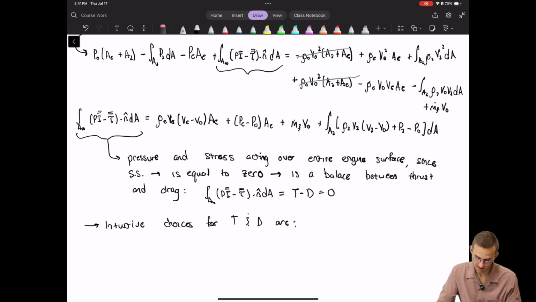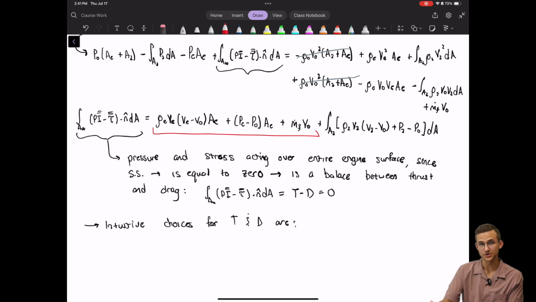So looking at this, it's already kind of organized in that way. These three terms are all values that we can obtain by analyzing the engine. Whereas the complexity coming from the flow around the engine is all encapsulated in that term.